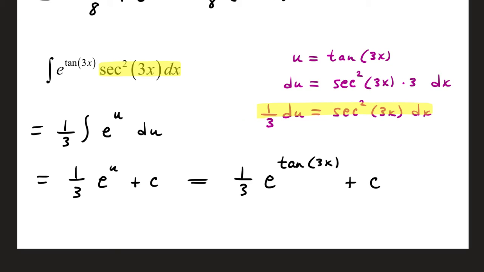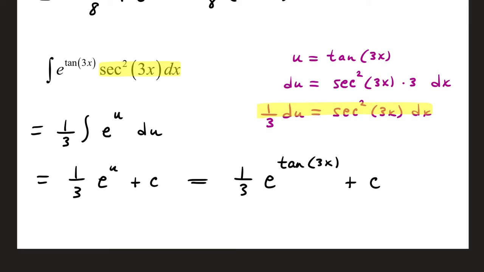Let's go back to the original integral. We have e to the u, that's where our substitution goes. Secant squared 3x dx, if we divide both sides by 3, is equal to 1/3 du.